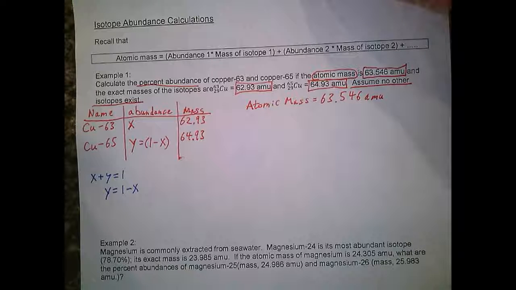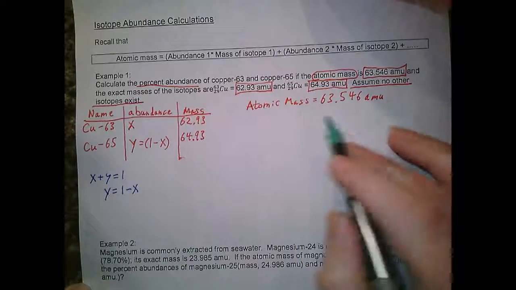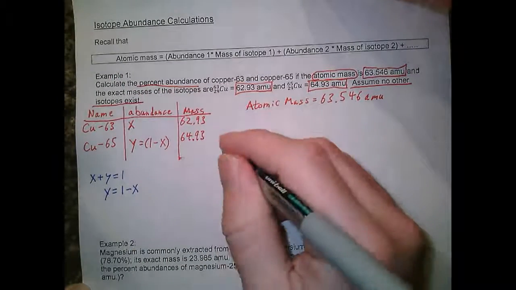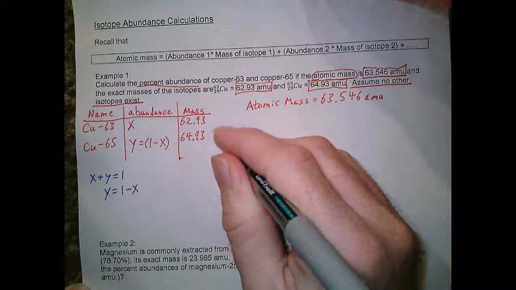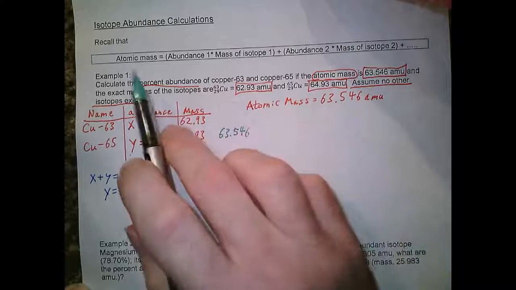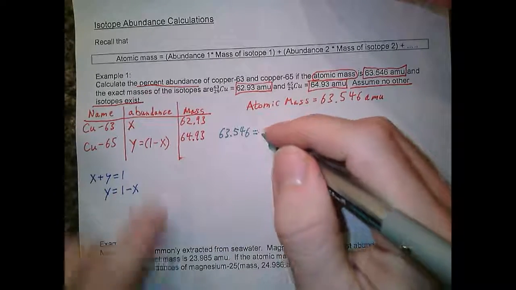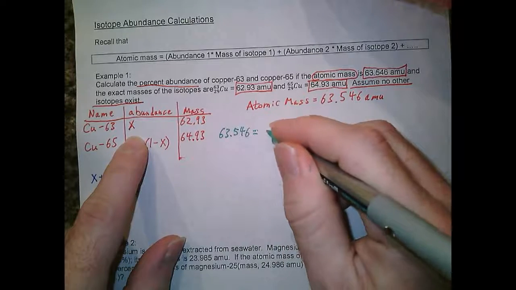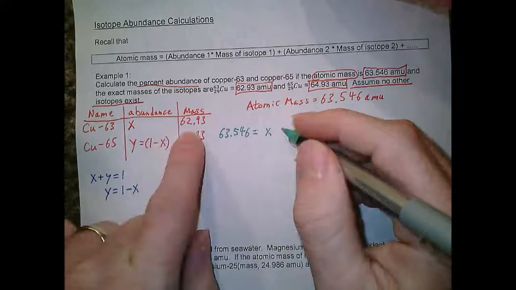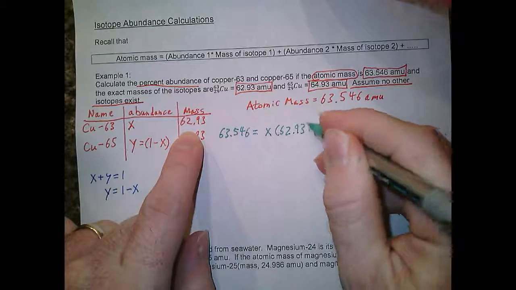The equation that we're trying to write down is based on what's up here. The atomic mass, which is 63.546, equals abundance 1 times mass 1. So abundance 1 in this case is x times mass 1, 62.93.